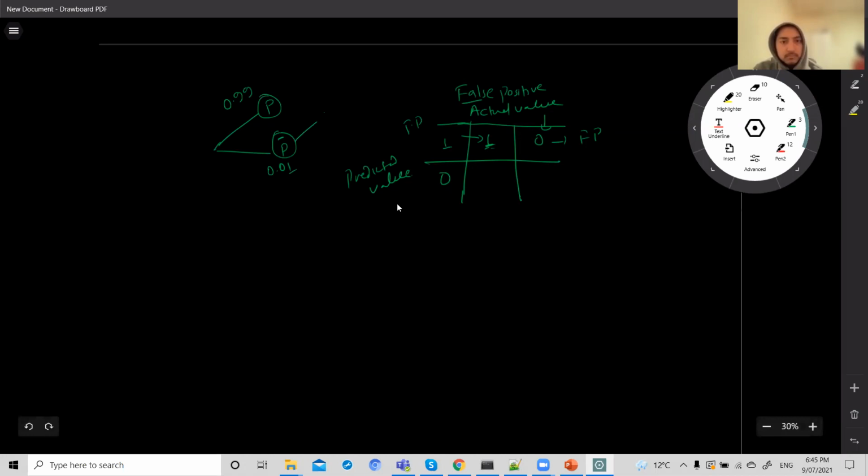False positive will be false and positive, right? A woman not being pregnant but considered as pregnant, that is false positive. And a negative result where the woman is actually pregnant is false negative.